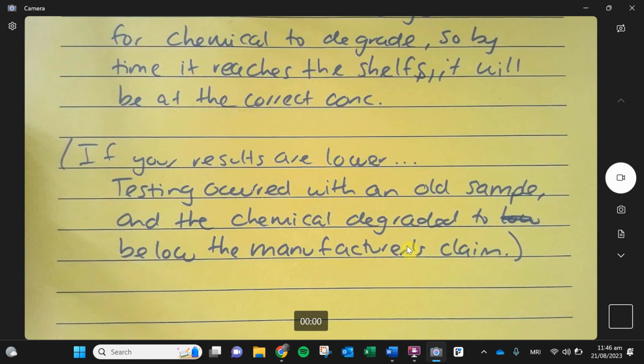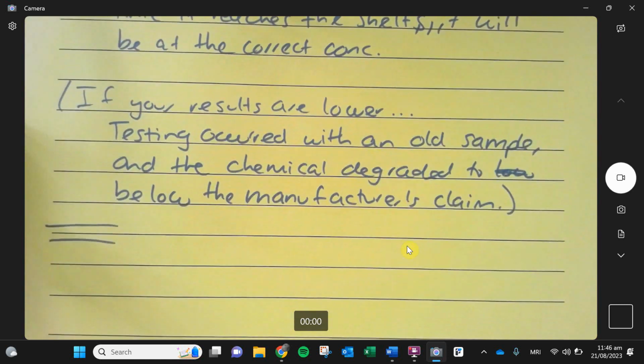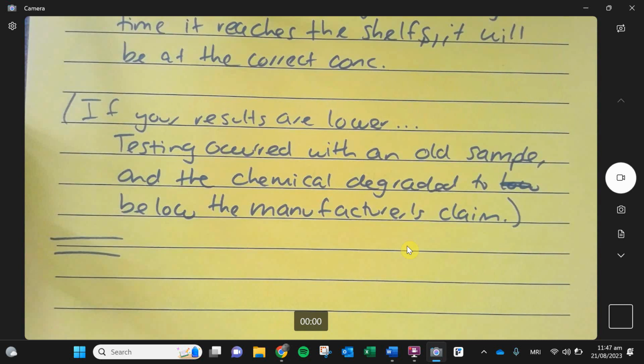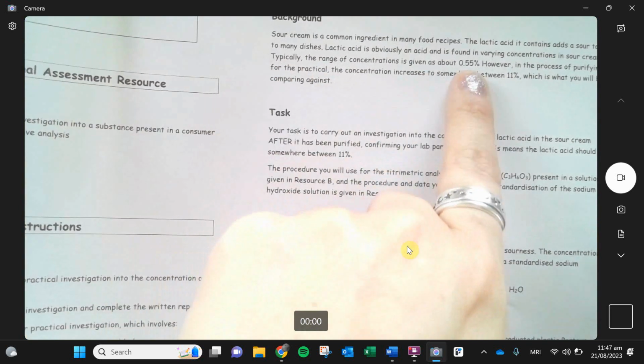And then there's one more reasoning that this could have happened. Or actually, I should say two more reasonings. The first could be because this one is not directly taken from the pure sample and we had to purify it with the technician. If you remember, that was one of the things that we had on our sheet. So I'll just find it. Here we go. So typically ranged at 55%.